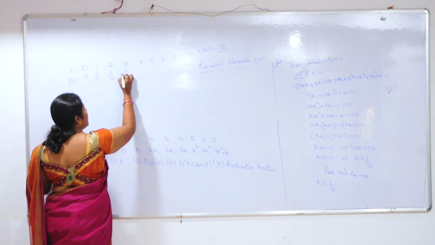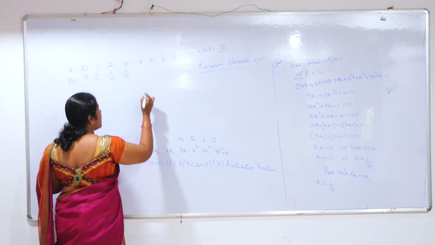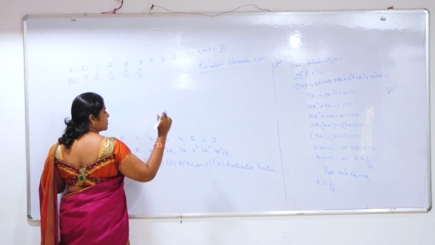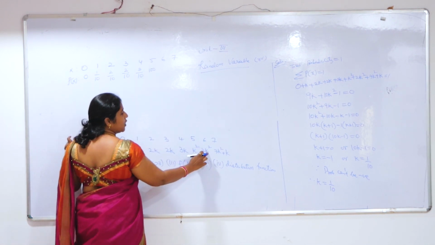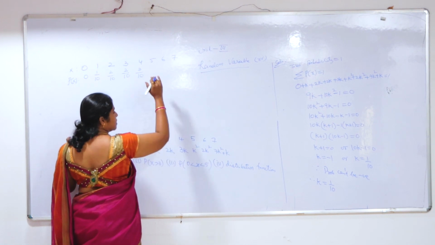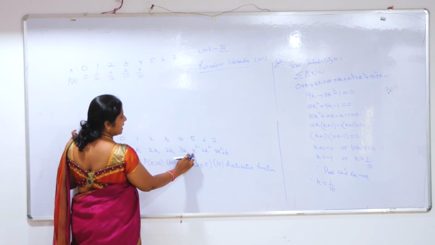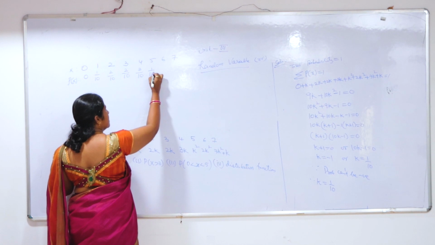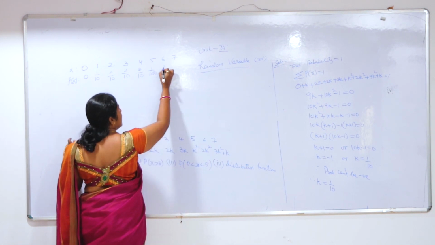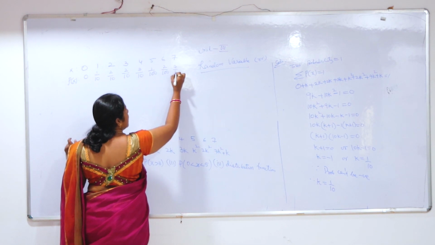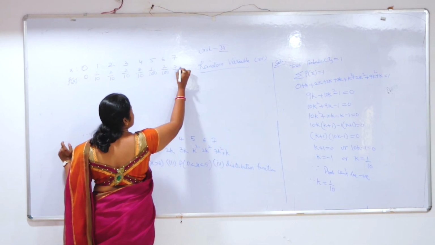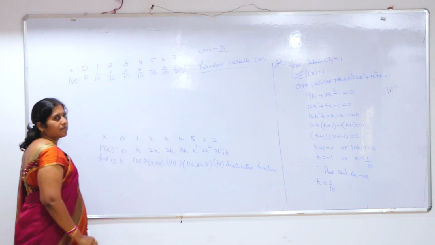Next, 2 by 10, 3 by 10. Next, k square, 1 by 10 square, that is 1 by 100, and 2 by 100. And what do you have here? 7 by 100 plus k, k is 1 by 10.